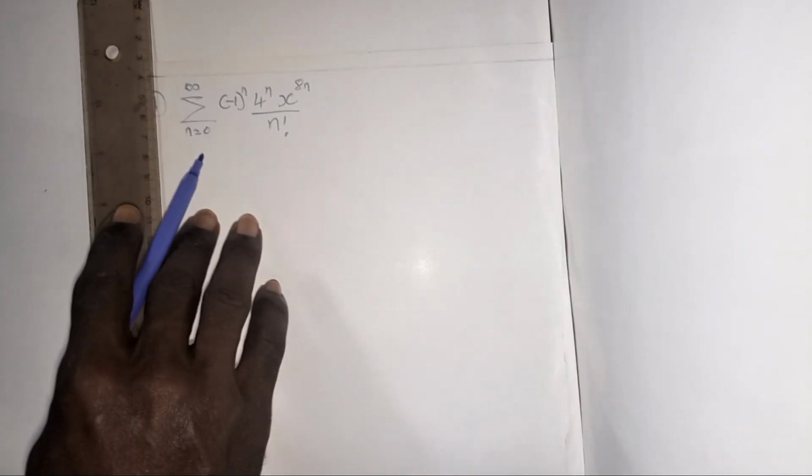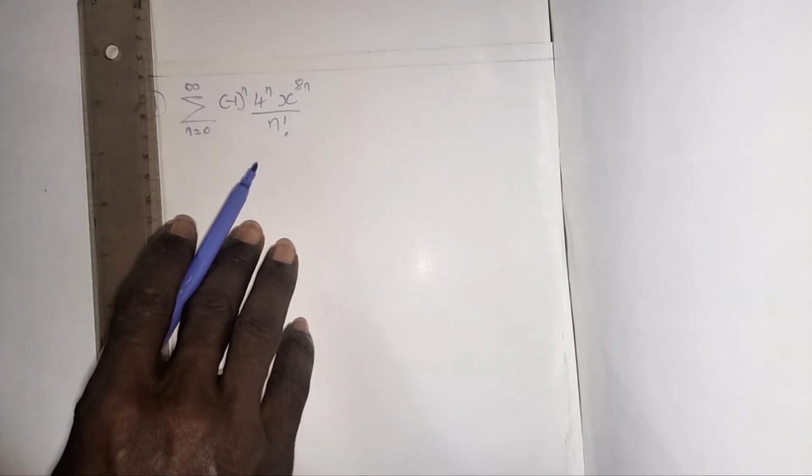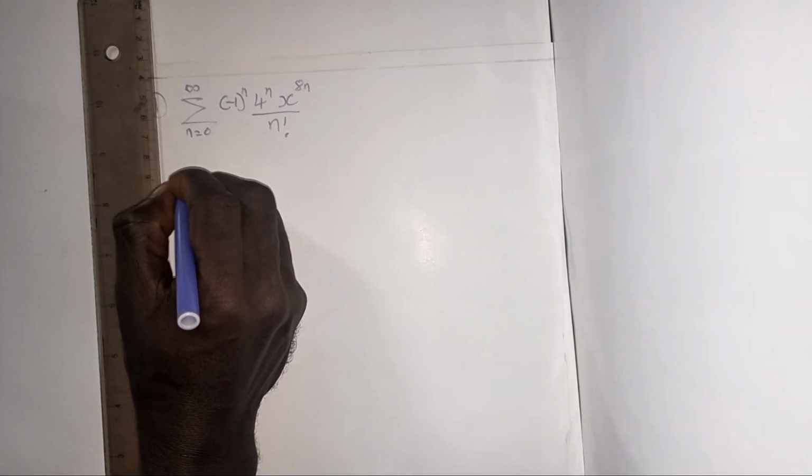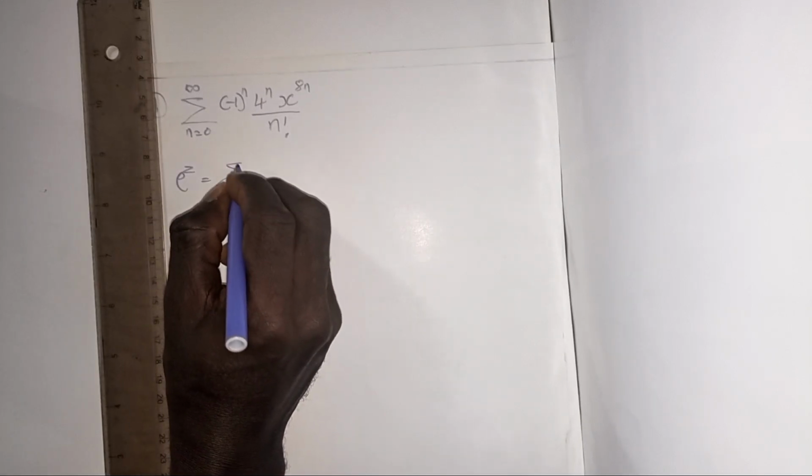We're not going to waste much time on this question because it's very straightforward. This is a hidden form of the exponential function. That is, when you expand the exponential function, let me say e of z, using Taylor's expansion, you get something like this.